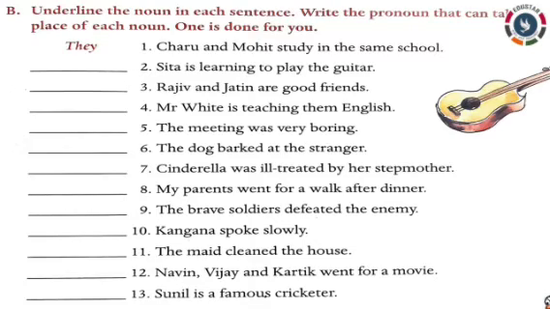First sentence. Charu and Mohit study in the same school. Here, about whom are we talking? Charu and Mohit. First underline this. The next thing is we have to find out what type of pronoun we have to use.